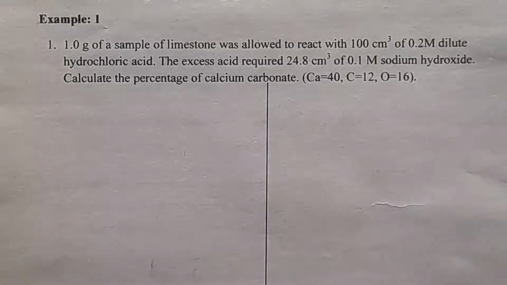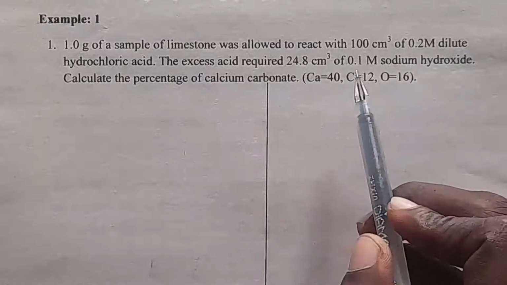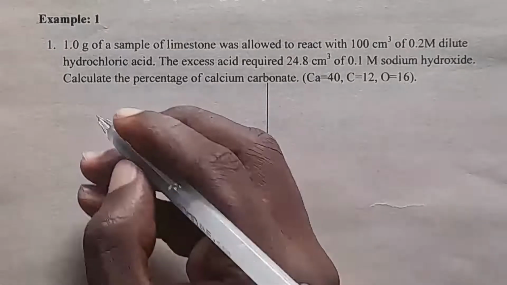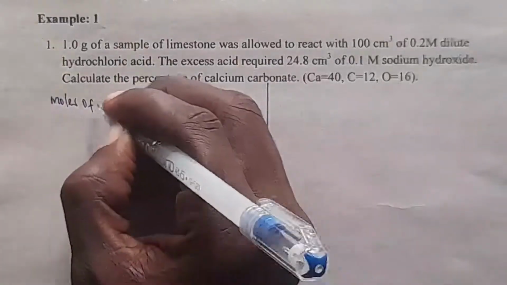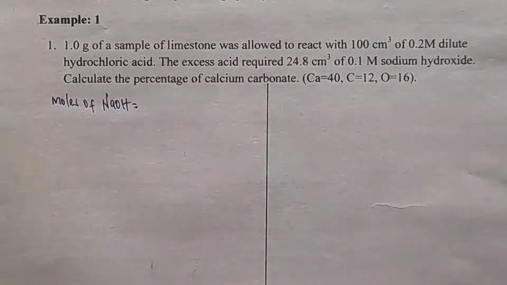So to start answering the question, we first have to get the number of moles of the sodium hydroxide. We have its molarity and also we have the volume. So what was the formula for getting number of moles? Moles of sodium hydroxide is given by molarity times volume used.